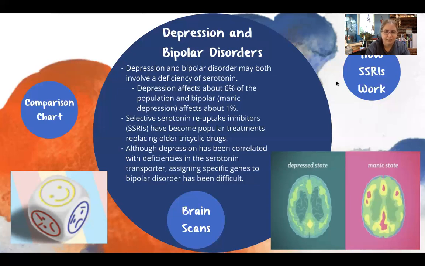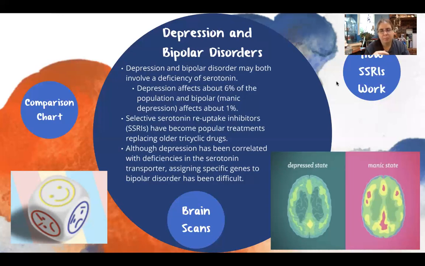All right. Although depression has been correlated with deficiencies in serotonin transporter, assigning specific genes to bipolar disorder has been difficult. What we mean by that is, with depression, you're kind of always on one side of the emotional spectrum, the darker side.